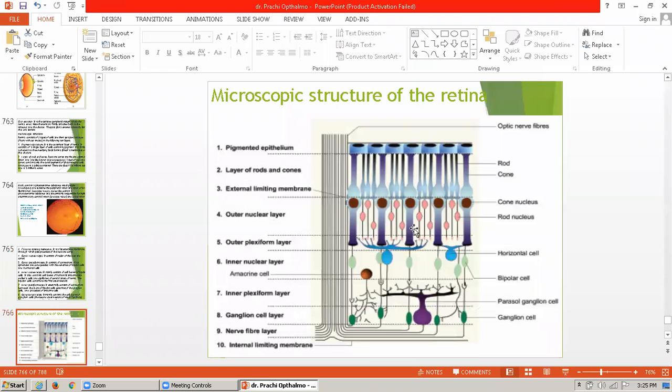So this is the outer nuclear layer, in which there is a rod nucleus and this circular one is the cone nucleus.